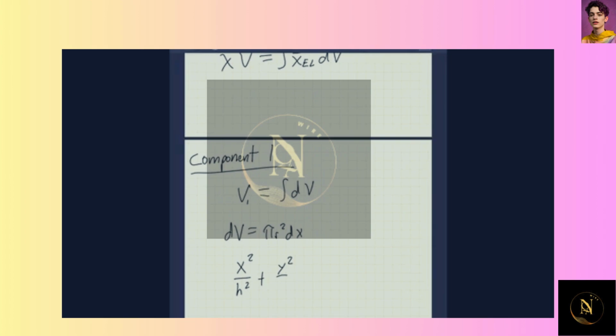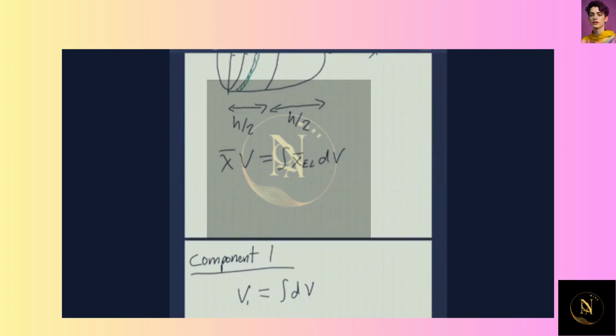So the equation of an ellipse: we have x squared over the height squared plus y squared over the width squared, which I'll call a.